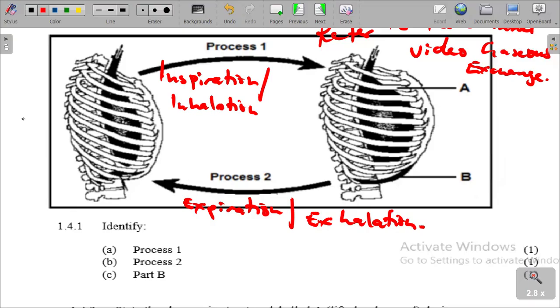The next question is saying, identify part B. Part B, as we can see there, is the diaphragm.